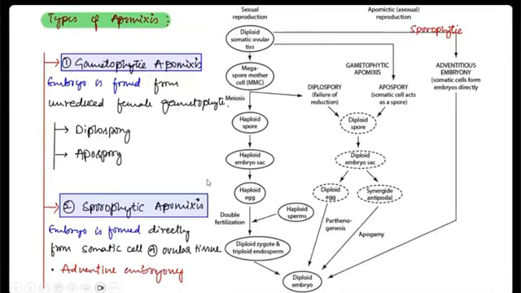If you are not, this particular diagram will make it clear for you. Just remember this diagram, where we take sexual reproduction and apomictic or asexual reproduction together in a single chart.